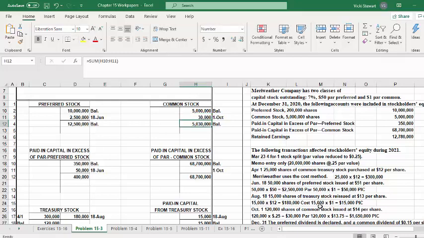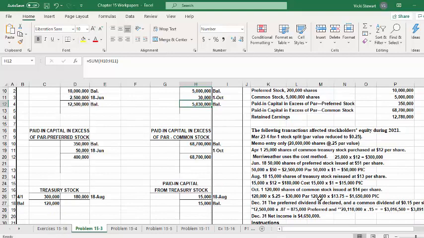The remaining $13.75 times the 120,000 shares, or $1,650,000, would be credited to paid-in capital in excess of par common stock.